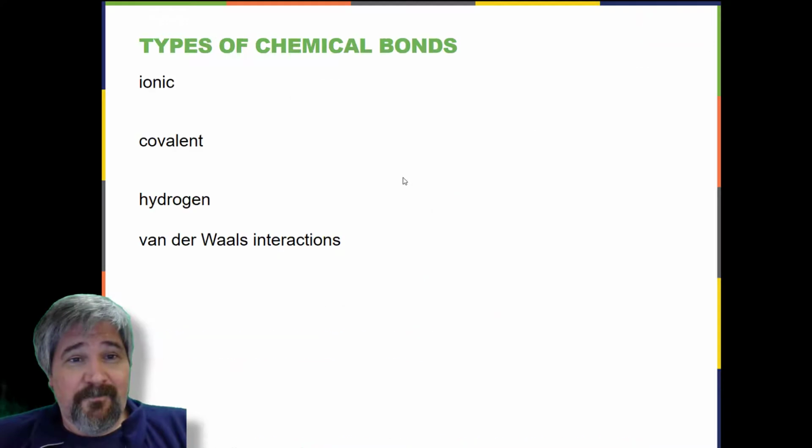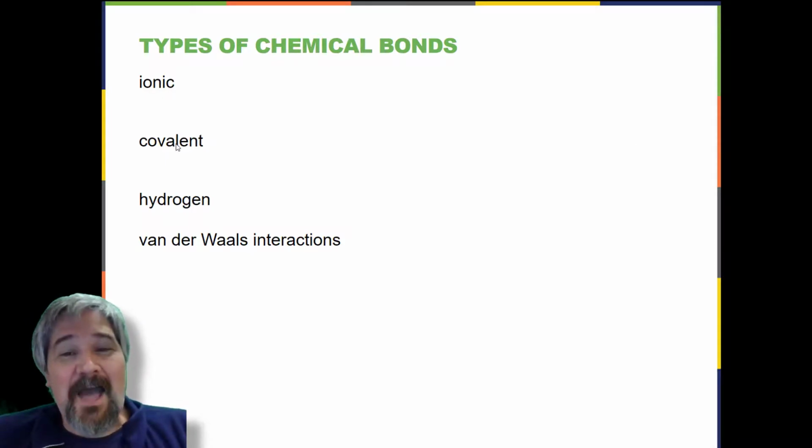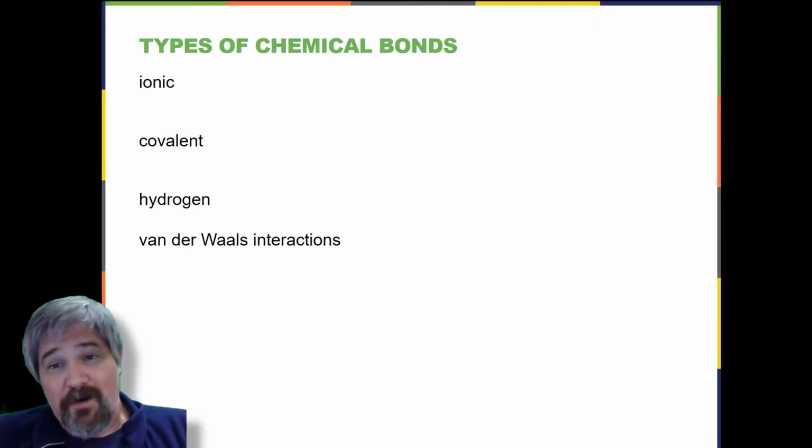Ionic bonds. There are 4 types of bonds or interactions: ionic, covalent, hydrogen bonds, and van der Waals interactions. Ionic and covalent bonds are strong interactions that require a larger energy input to break apart.